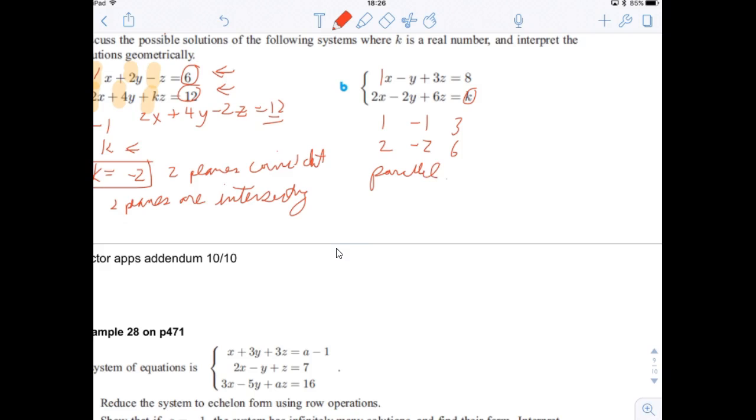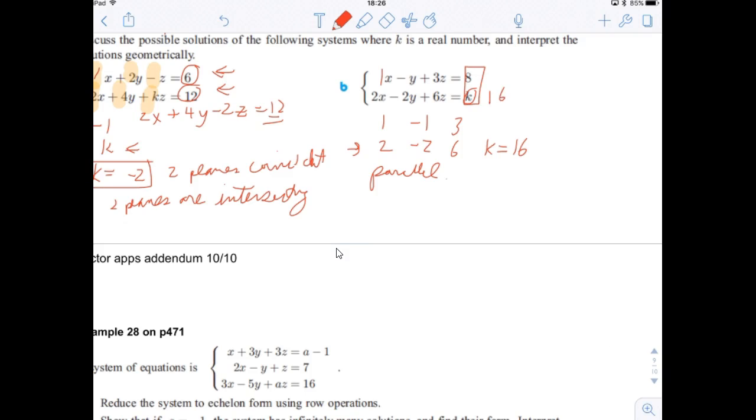Now, are they coincident? Well, to be coincident, the right-hand side would also have to be proportional. So we can get the second set of elements by multiplying by 2. So if the top number is 8 and the bottom number k is 16, they're off by a factor of 2, and then not only are they parallel planes, but they're the exact same plane.